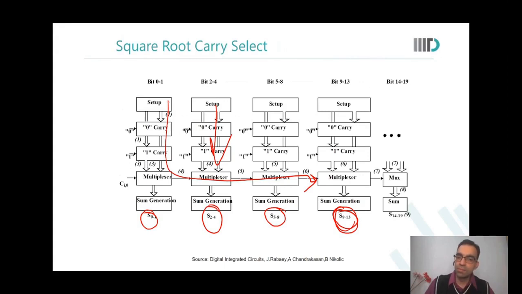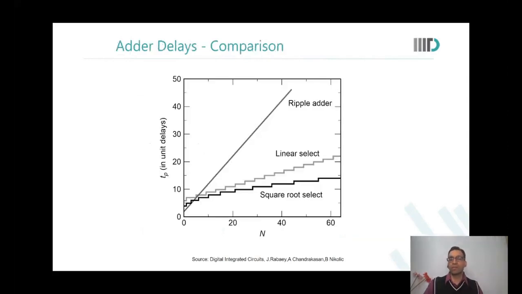So it's like time borrowing. Basically, yes, you're using the extra time that is available to you because these extra multiplexers are also in the path, and adding one more bit in this kind of a setting.